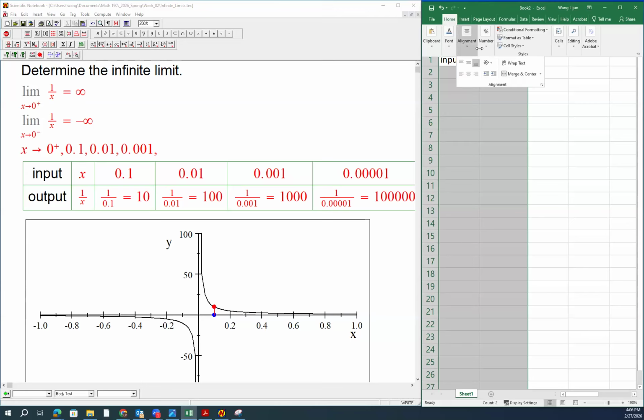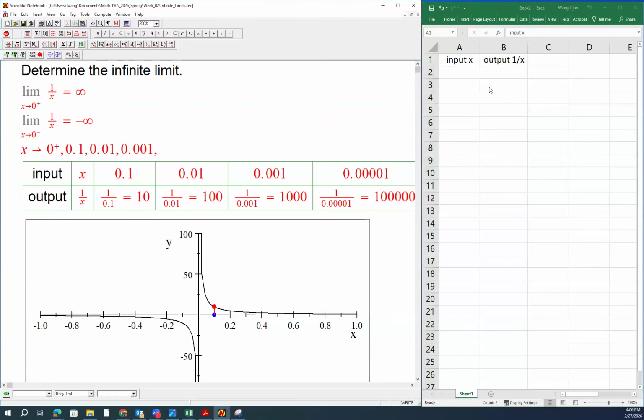Let me just make a little adjustment so you can see better. So when x equals 0.1, the output would be the reciprocal of 0.1, right? So that's going to be 1 over 0.1, which is right here, we should get 10.